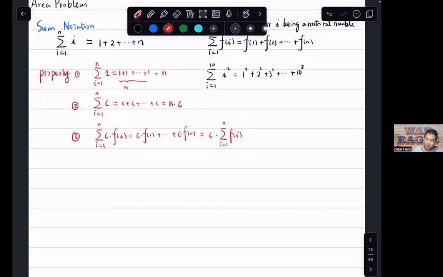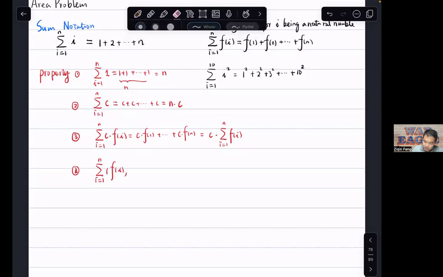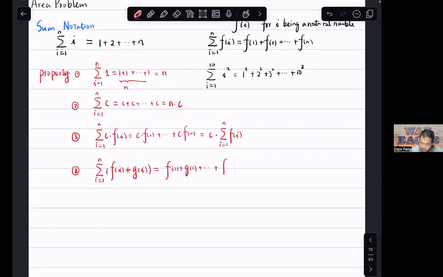Okay, one more property is number 4. If you have summation i from 1 to n of two functions, f(i) plus g(i), you can regroup it. So this is basically f(1) plus g(1), then plus all the way to f(n) plus g(n).